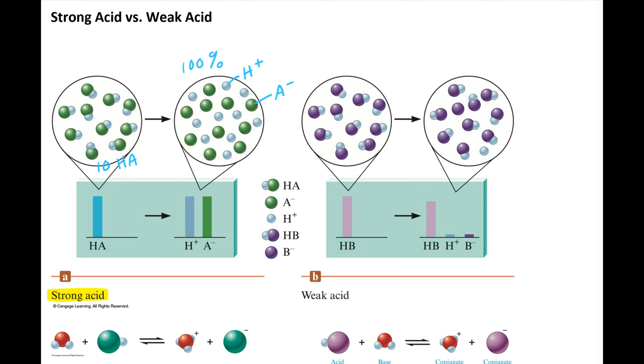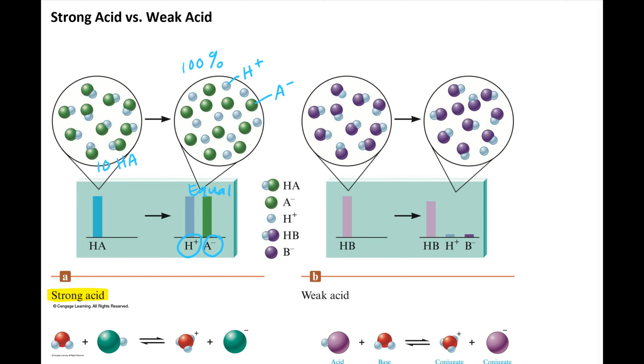And if I look at this graph, the concentration of H positive and A negative, they are both the same. They're both equal. Because where did those come from? They all came from the original HA molecule.